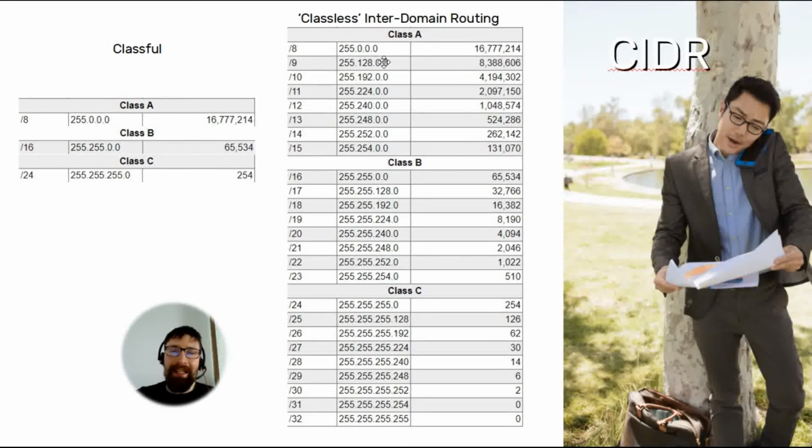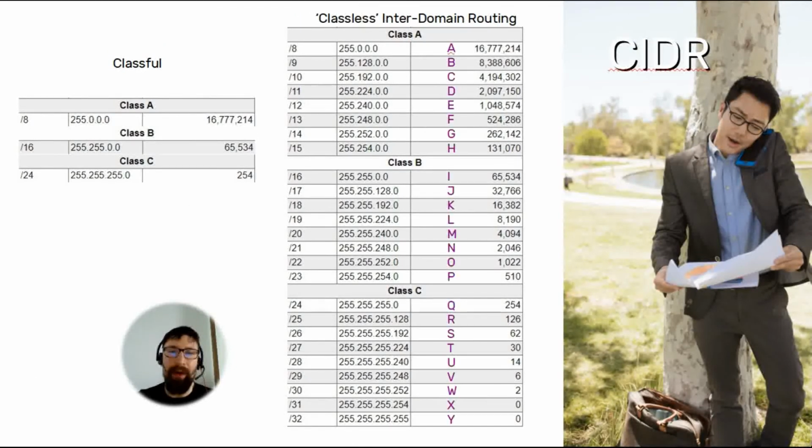So technically, it's not classless routing, because if we're talking about /8 being Class A and /16 being Class B, we can actually split those groups into smaller classes, but they're still classes.